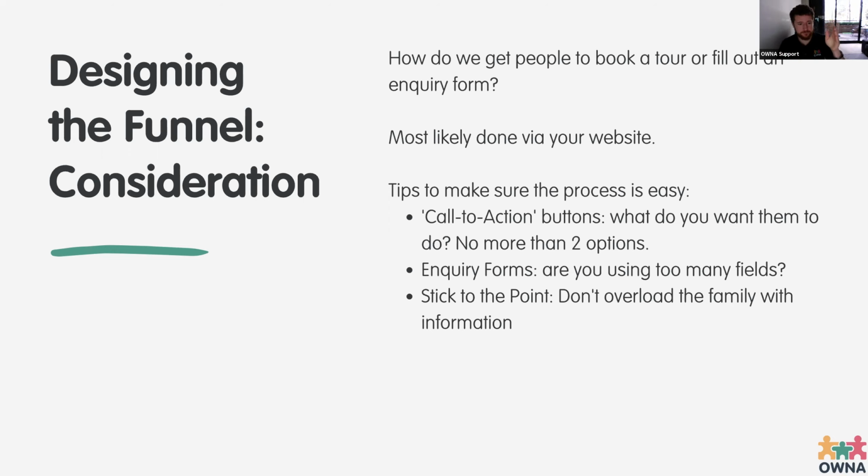If most of them just do a contact us inquiry, then you should use that. But you can have both if there's a mixture, but I would say do no more than two. So two ideas of what you want them to do, no more, and just focus on that.